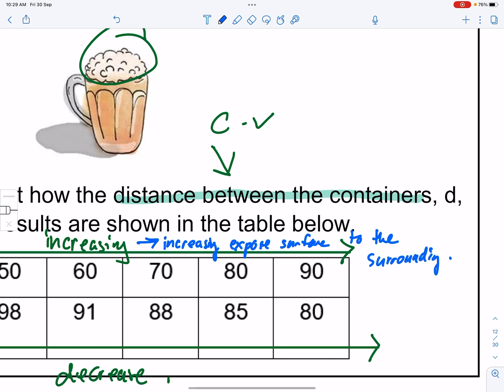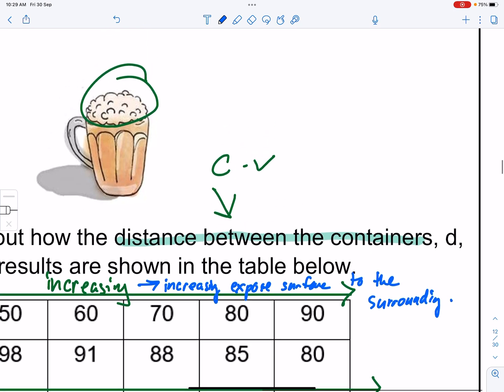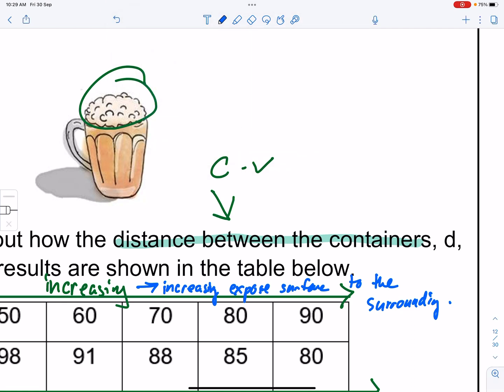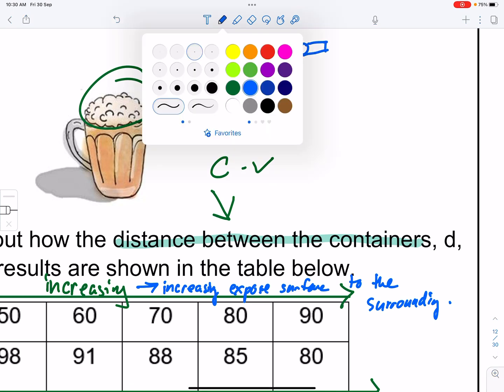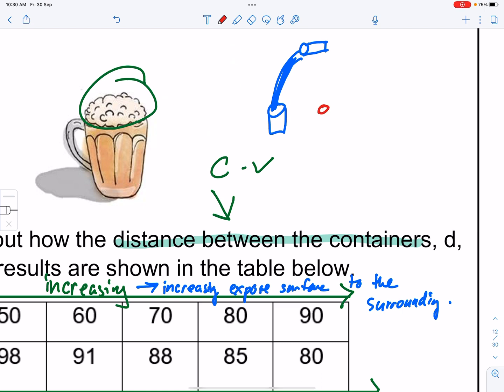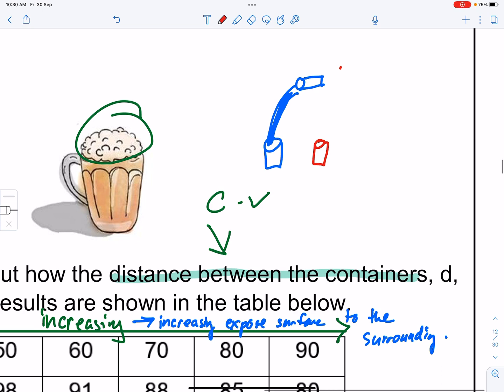Right? Because when you think about it, as the distance of the tea increases, it also means that more part of the tea is exposed. So if you have 2 cups, okay, imagine there's 1 cup here, and then you pour another cup. And then you have another scenario whereby you have another cup and you increase the distance of this cup.